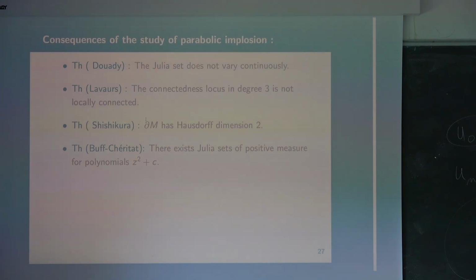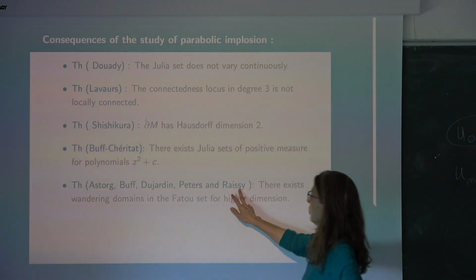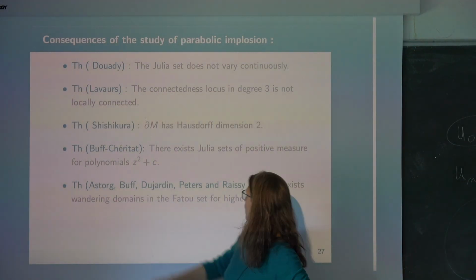And Buff and Chéritat, they are here in Toulouse. They could break a very important conjecture: that there exist Julia sets of positive Lebesgue measure in the family of z squared plus c. A lot of people were looking at this conjecture. And afterwards, this is also a team with people here. Astorg was a student of Buff.